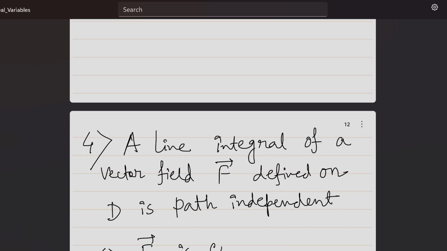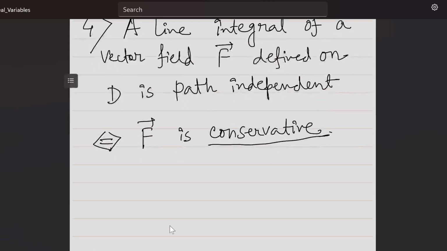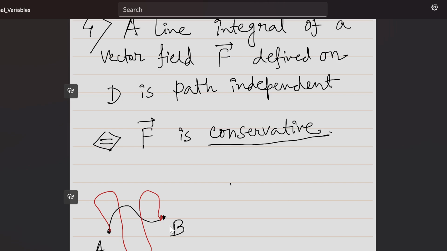Okay. You know this term conservative. Conservative means it does not depend on the path. Suppose from point A to point B, it is this path and another path is this path.